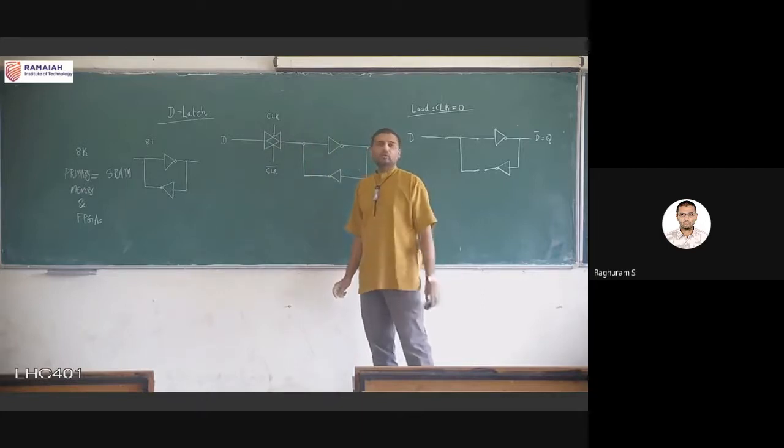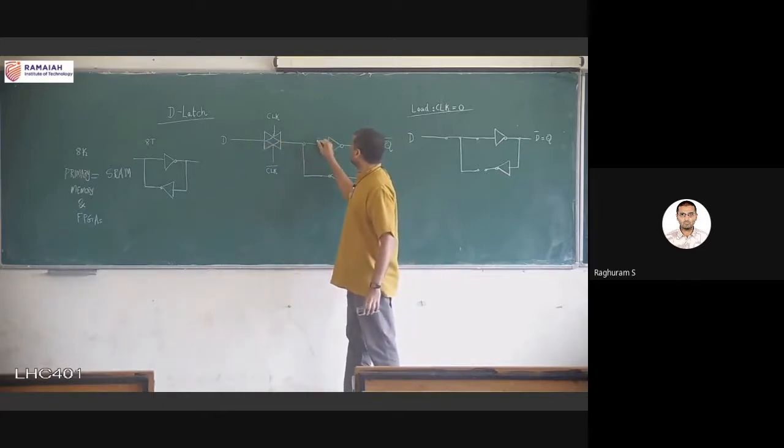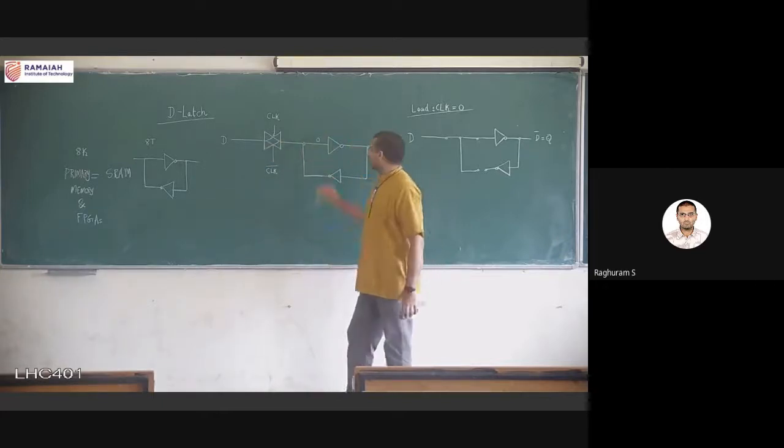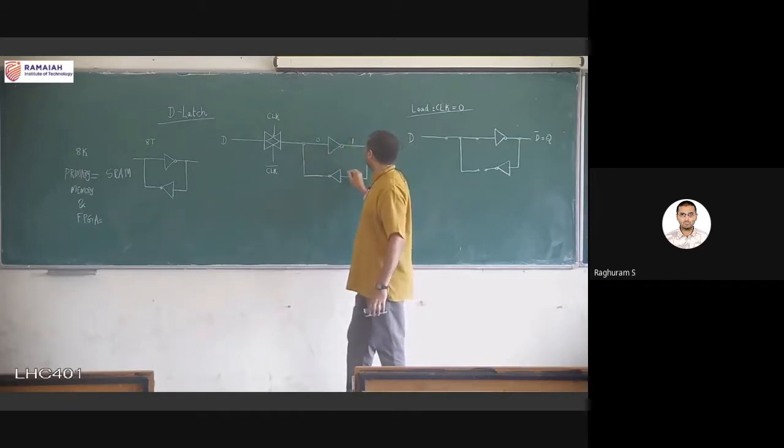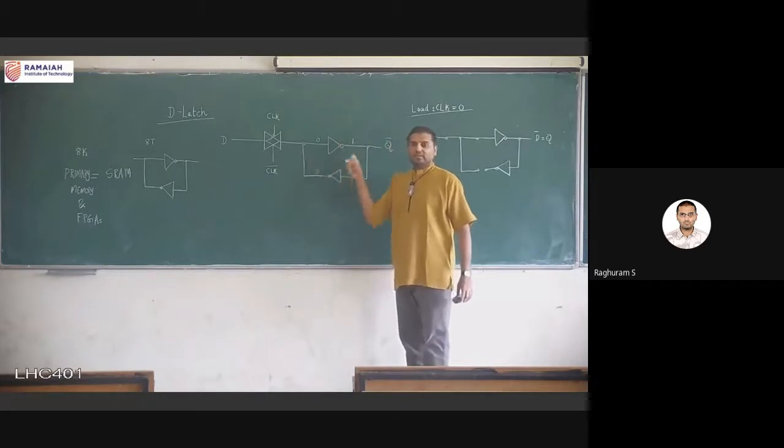Suppose I have stored data, suppose D equal to 0, which means 0 will come here, 1 will come here, 1 is here, 0 is here. So 0, 1 will be continuously recycled.